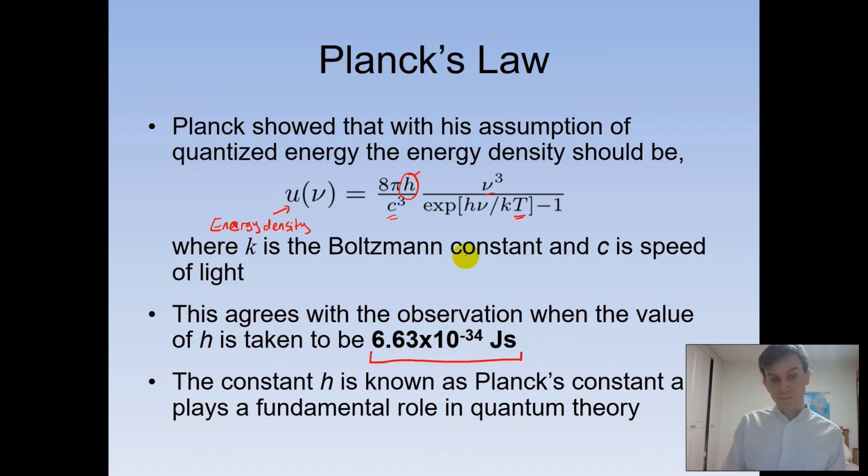It's a very small value, but with this value you can correctly predict the experimental observation of blackbody radiation. This constant actually turned out later on not just to be important for light, but to be something fundamental about the universe. It's very interesting that both of these constants, the speed of light and Planck's constant, are the same in this way.